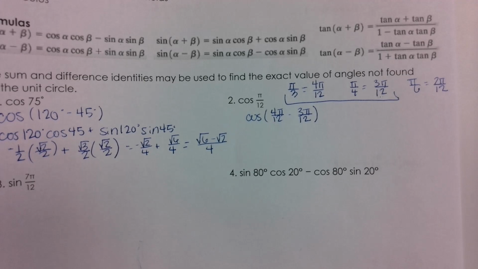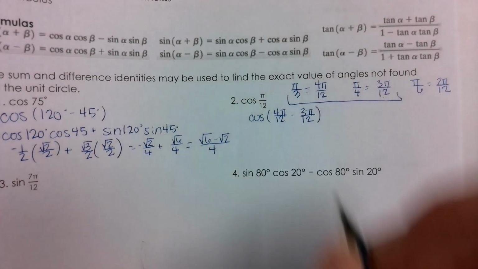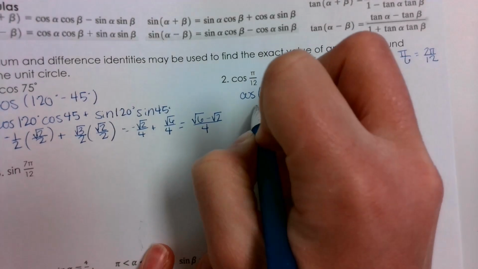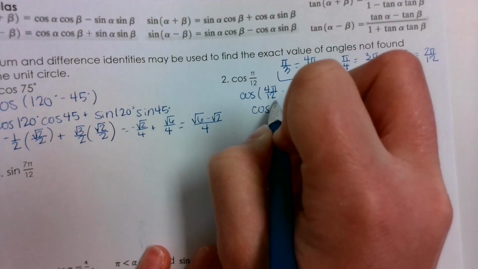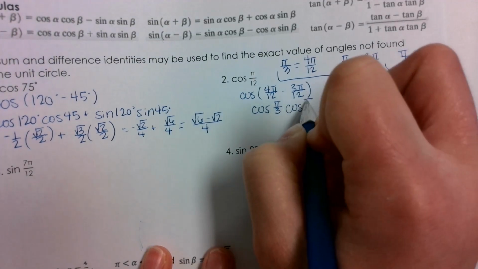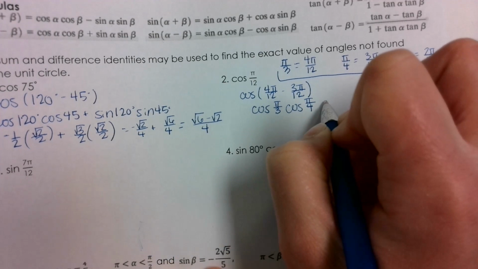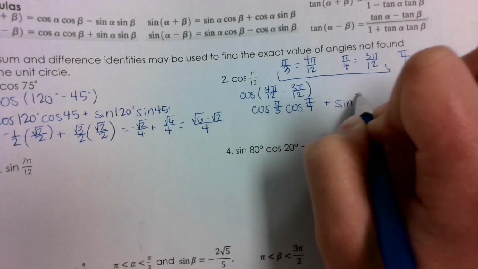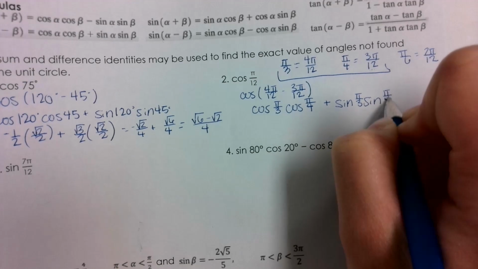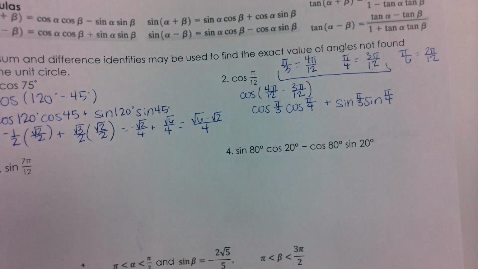So when we plug into that formula that we've got up top, again the one that we used before, we'll be doing cosine of pi over 3 and cosine of pi over 4 plus sine of pi over 3 and sine of pi over 4. Then you're just getting those values from your unit circle, multiply, add, and you're all done.